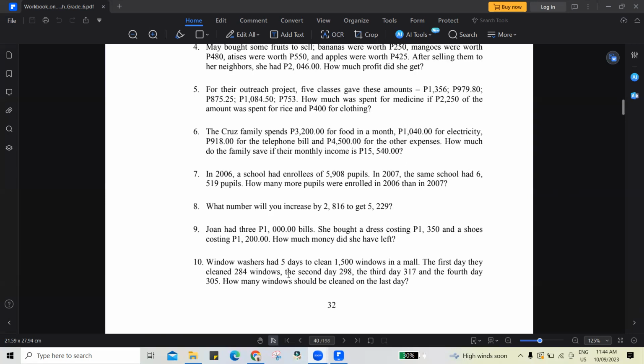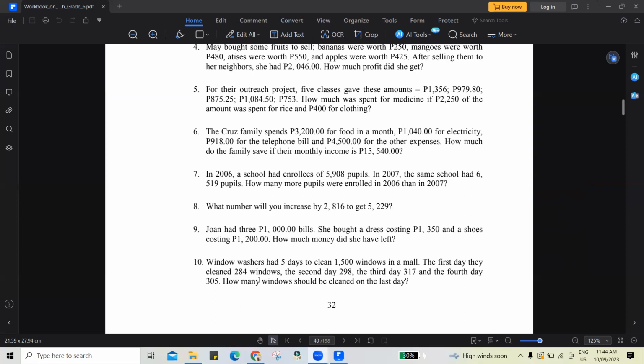Oh, so do we have to add up 284 plus 298 plus 317 plus 305, and then whatever the answer is, we have to do the answer take away 1500? Now, if you add, what will happen?